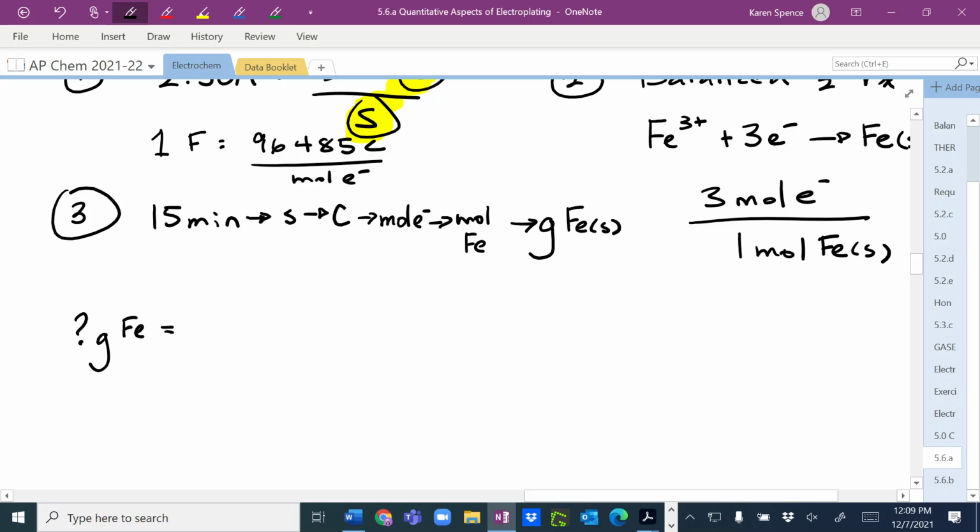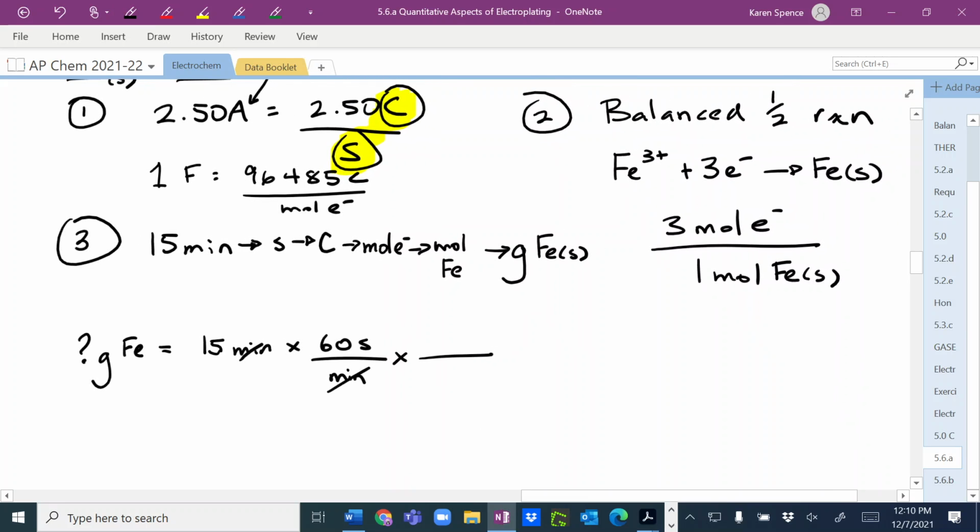But we're starting with 15 minutes. We know that there are 60 seconds per minute, and we have 2.50 coulombs per second.